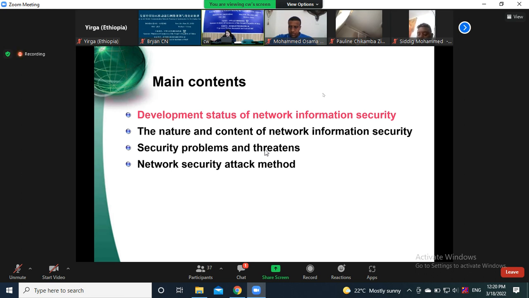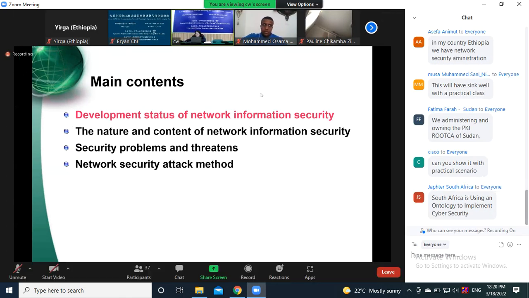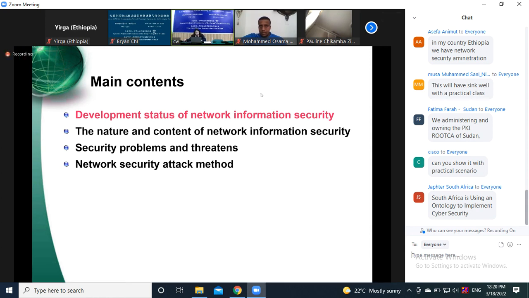Okay, South Africa is using an autonomous approach to implement cybersecurity. Yeah, and different countries have different approaches.